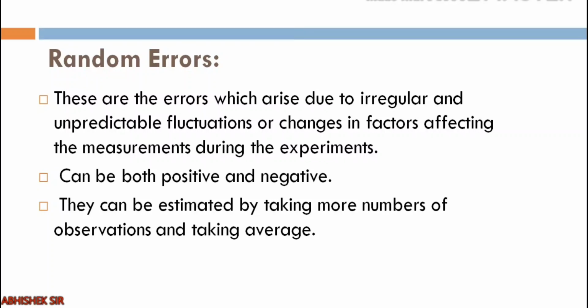They can be both positive and negative, and they can be estimated by taking a larger number of observations and taking the average. Clear? If a person repeats the observation a number of times, even though he is getting different readings, the average will come near to the true value. So what we are doing is taking the mean of those observations.